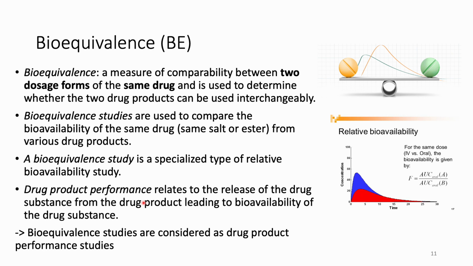The drug product performance relates to the release of the drug substance from the drug product, leading to bioavailability of the drug substance. I consider the bioequivalence study a drug product performance study.